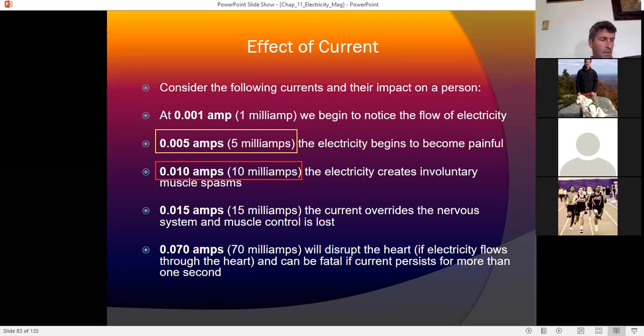In fact, at 15 milliamps, I lose complete muscle control. So my chance of pulling my arm away is much, much less.